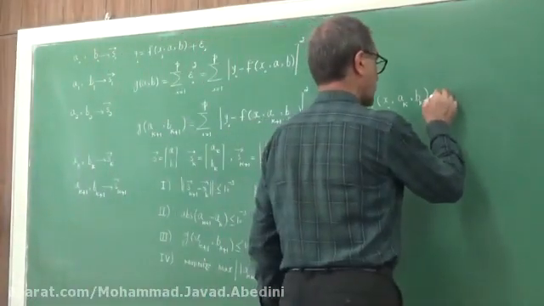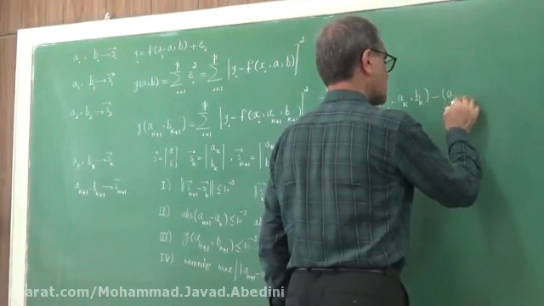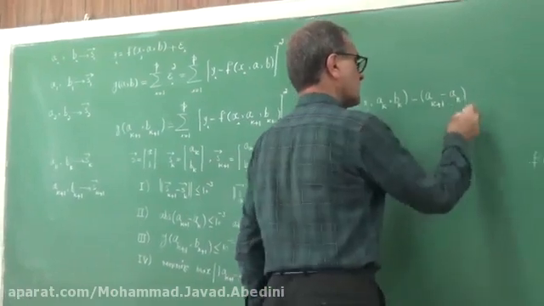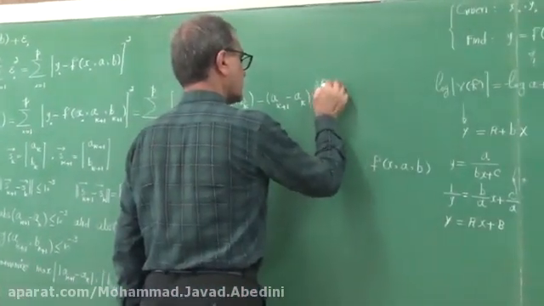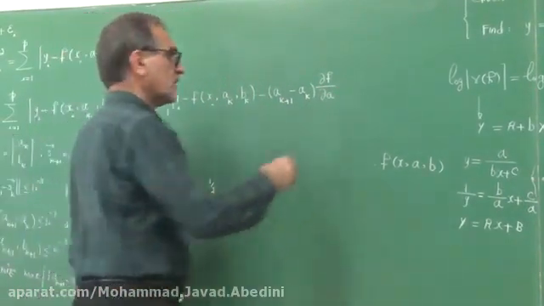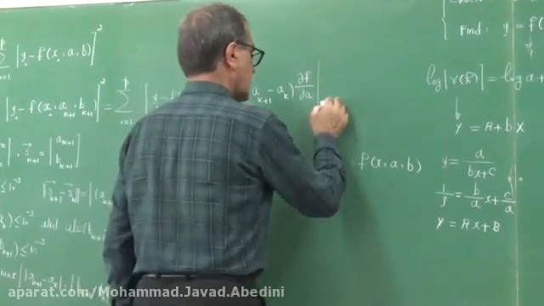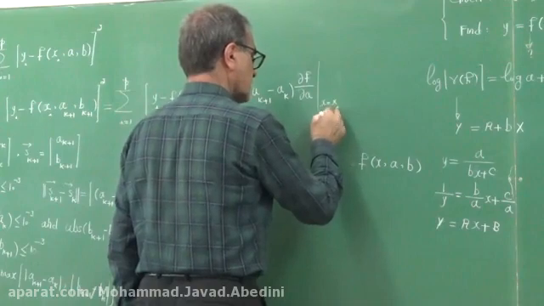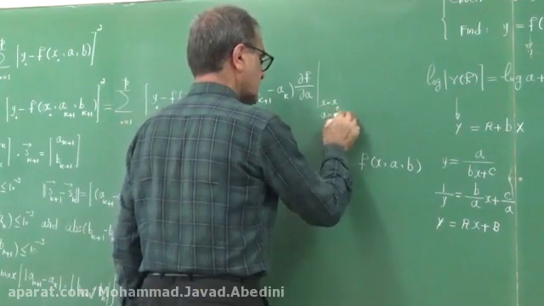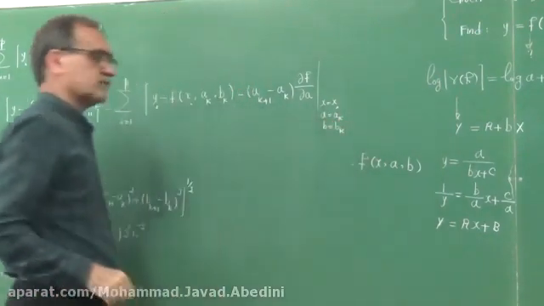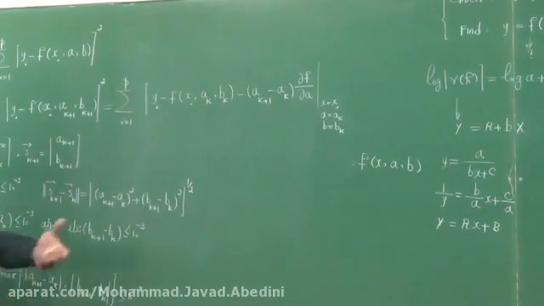And then minus (A_{k+1} minus A_k) times partial derivative of f with respect to A computed at, of course, x equal to x_i, A equal to A_k, and B equal to B_k. This is the second term of the Taylor series expansion.